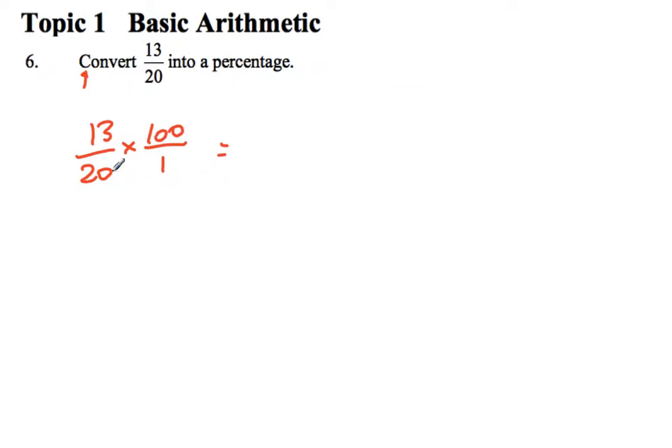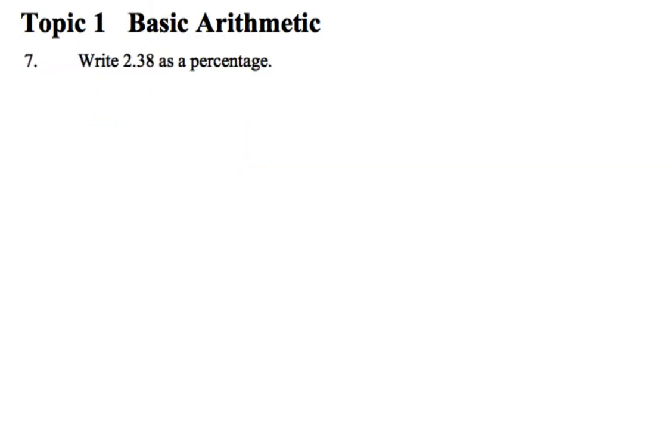But before we do that, we're allowed to find things that go into the bottom and the top of either fraction here. So 20 can divide into that once and into that 5 times. Then we could multiply across the top and across the bottom. Gives us 65 over 1. Leads us to convert 13 over 20 into 65%. So that would be one way of doing it.